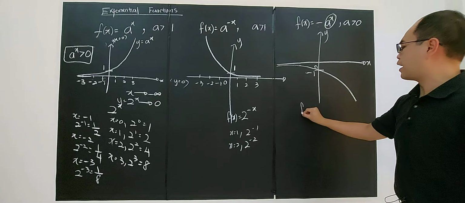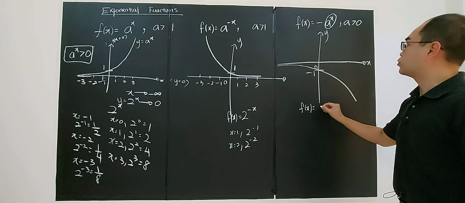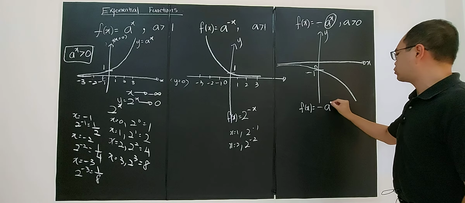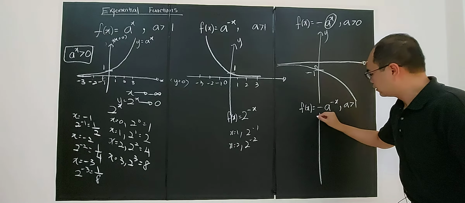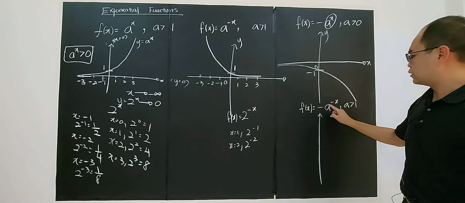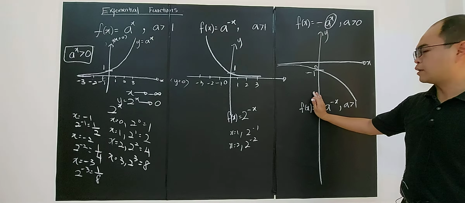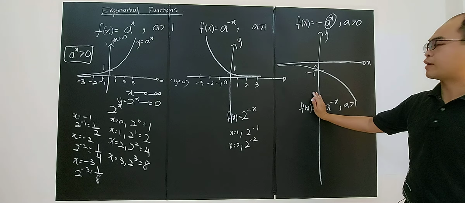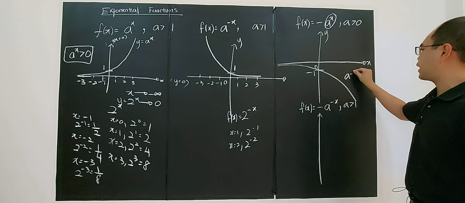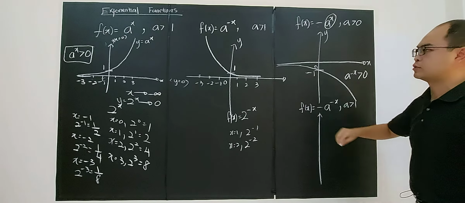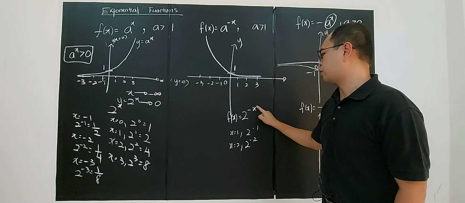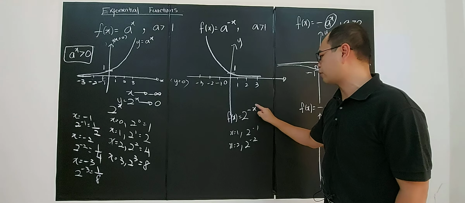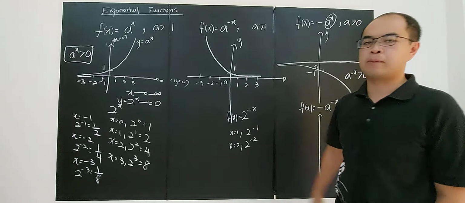So it's always negative. Same thing happens for this. So if you have f(x) equals negative a to the power of negative x, where a is greater than 1, now we look at this graph, because it's supposed to be positive a to the power of negative x. A to the power of negative x is also always greater than 0, always positive. 2 to the power of anything, substitute any value of x, either they are negative or they are positive, it always turns out to be a positive number.